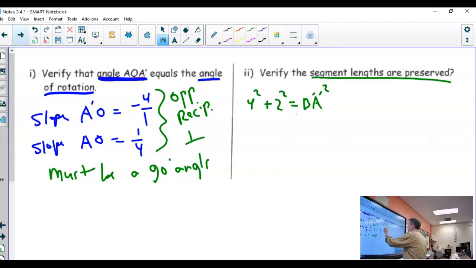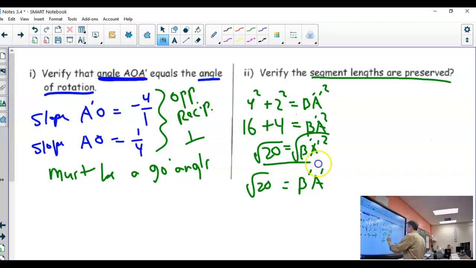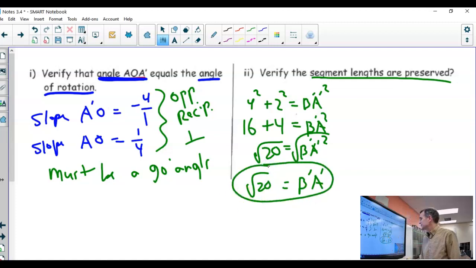And as I solve that, I would get 16 plus 4 equals B prime A prime squared. That would be 20 equals B prime A prime squared. And to solve that, I would take the square root of both sides, and I would get B prime A prime equals the square root of 20. That is the length of that side of the triangle.